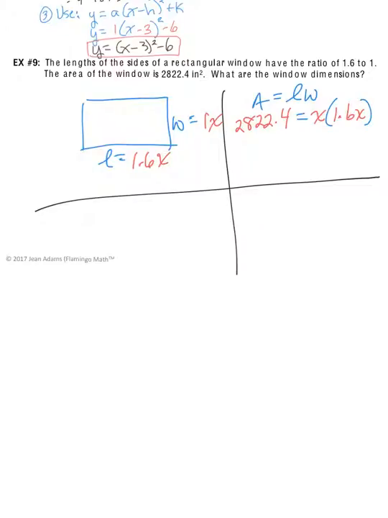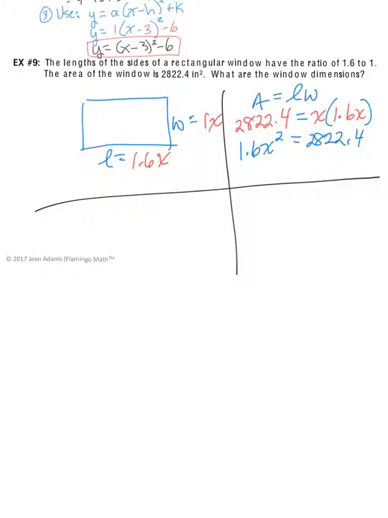So, and I'm going to flip this. So we end up with 1.6x squared is equal to 2,822.4. Now you go ahead and solve that for x. So pause the video and solve it and answer the question.